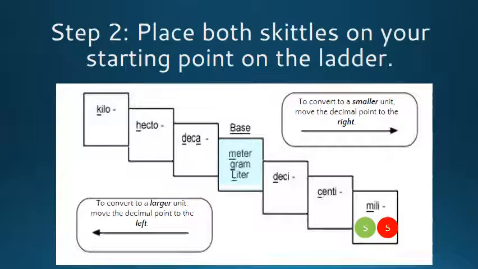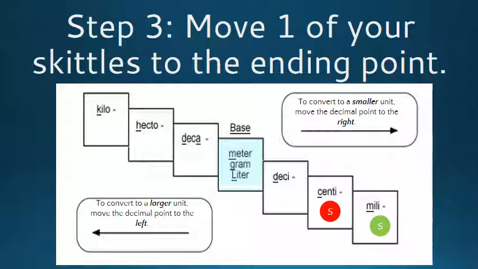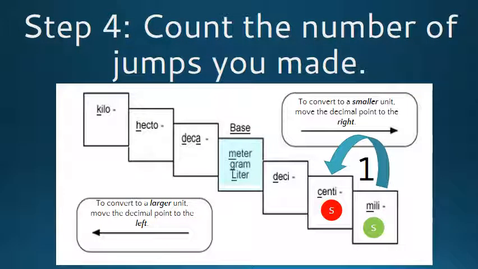So we added our decimal point. Now we put both of our Skittles on the milli box. Then we move the red to the result prefix that we want, which in this case is centi. So we move it there. That means we've moved our decimal place one position to the left.